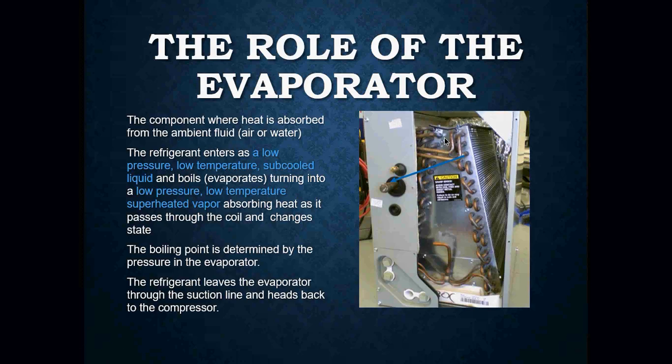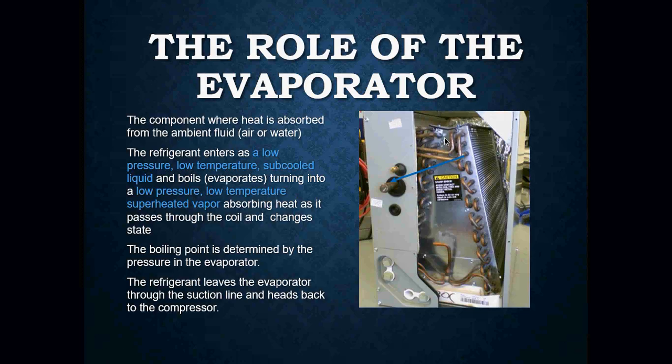So the refrigerant enters your evaporator as a low pressure, low temperature subcooled liquid and begins to boil or evaporate, turning into a low pressure, low temperature superheated vapor as it's absorbing heat as it passes through the coil and changes state.